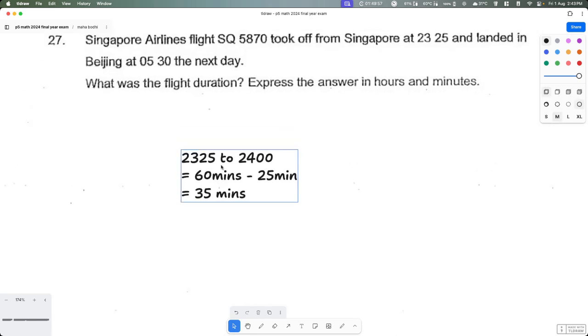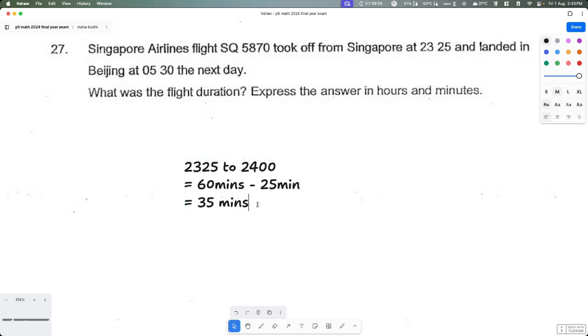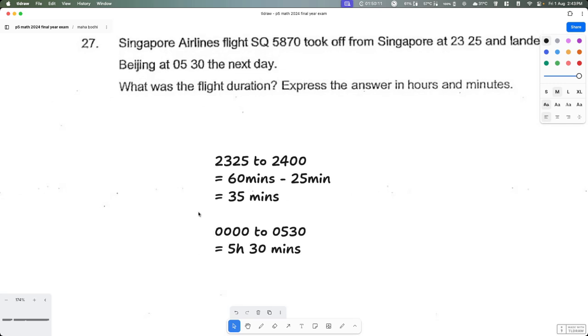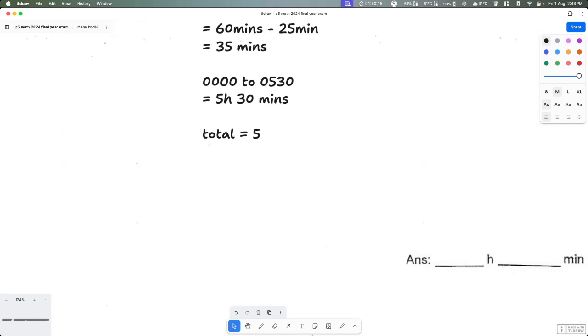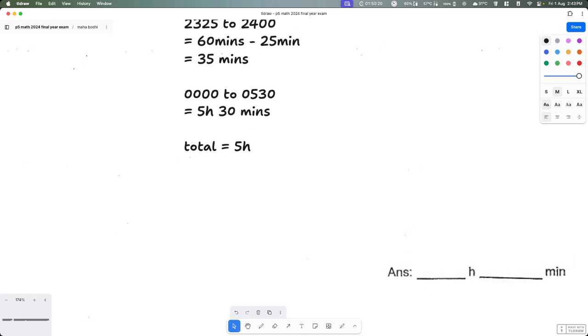Okay, so 2325 to 0000 is this. And then 0000 to 0530 is equal to 5 hours and 30 minutes, right? So in total it's 5 hours 30 minutes plus 35 minutes.